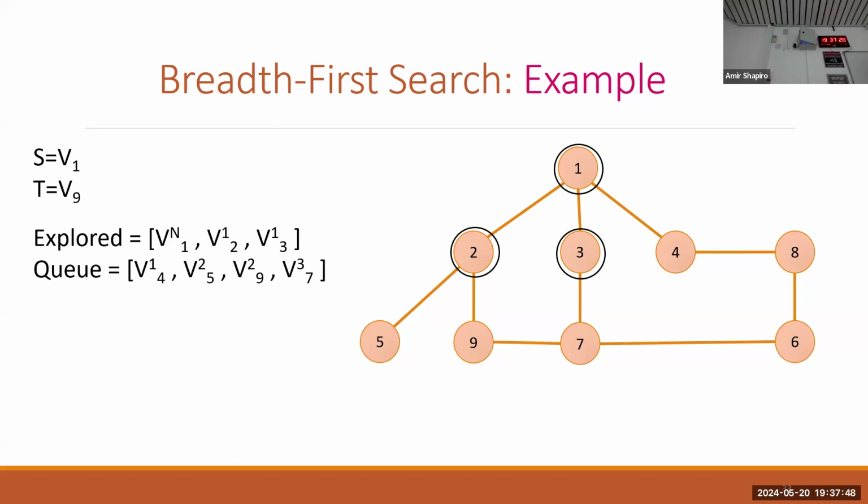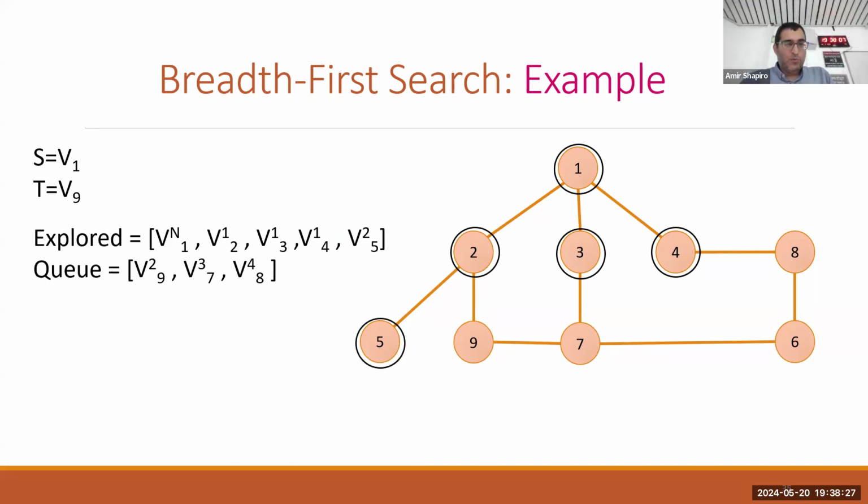Next we'll take from the left. We'll take 4 and put it into explored and look at its neighbors. It's only 8 because at 1 we already did. So we add 8 with a back pointer to 4. And then we take the left one, which is 5.